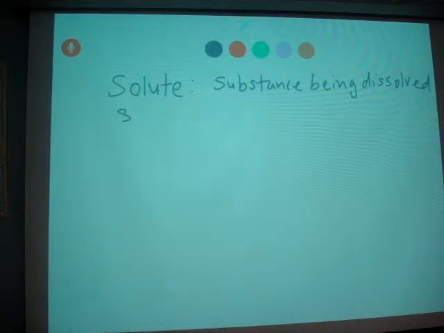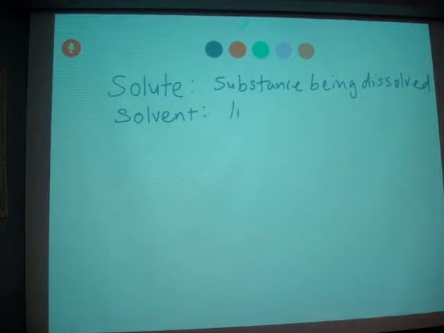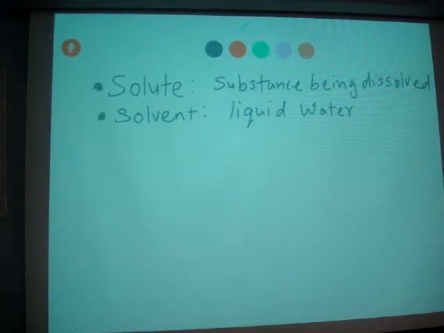What is a solvent? If we take liquid water, or the major amount, it's called the solvent. The small amount is the solute, and the most amount is the solvent.